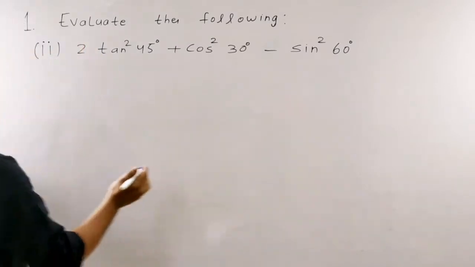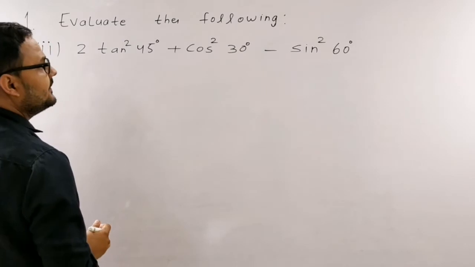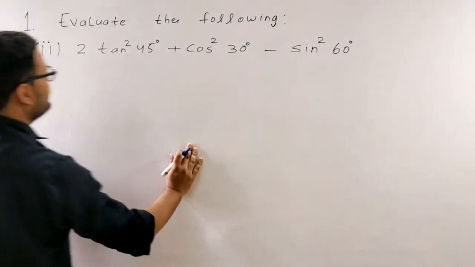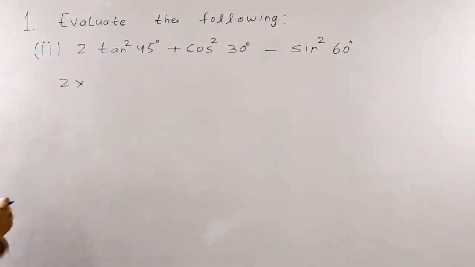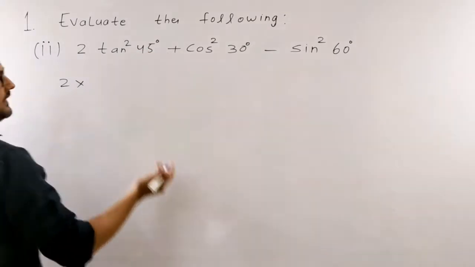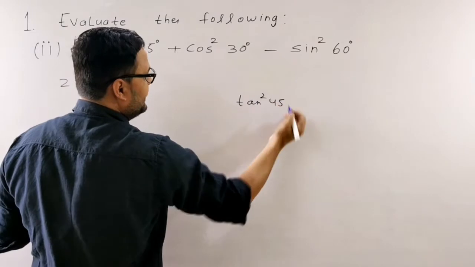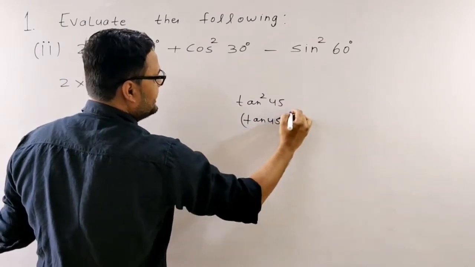Now, second question is 2 tan square 45 plus cos square 30 minus sin square 60. Then 2 into tan 45 is 1, and tan square 45 we can also write as tan 45 whole square.